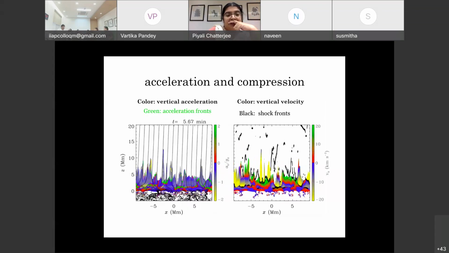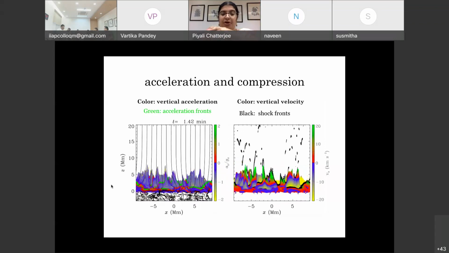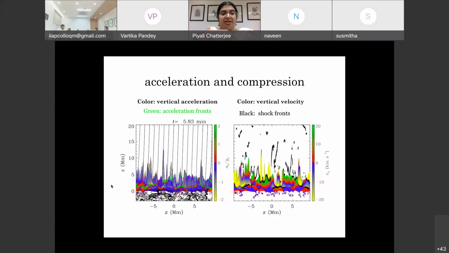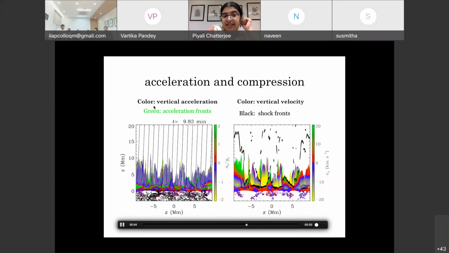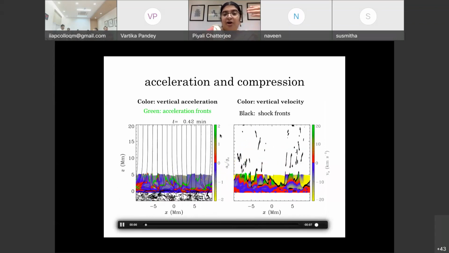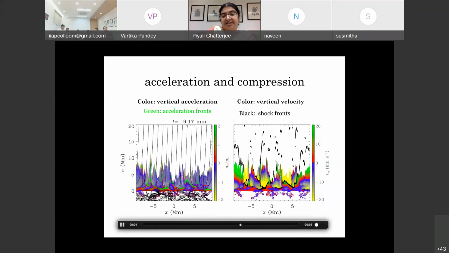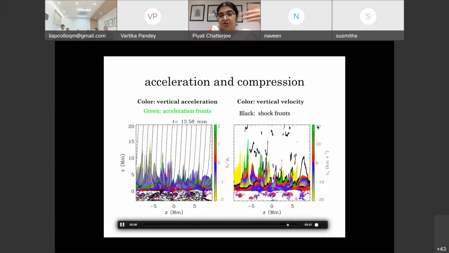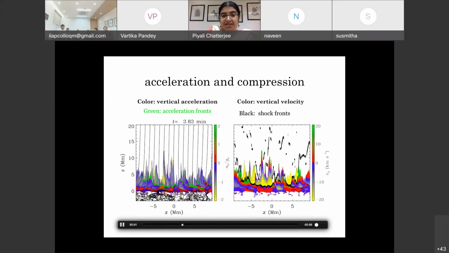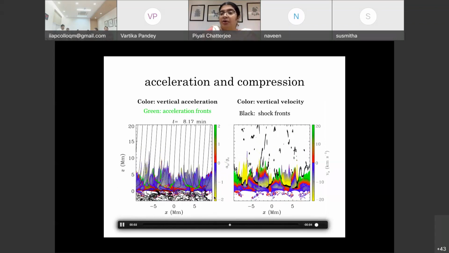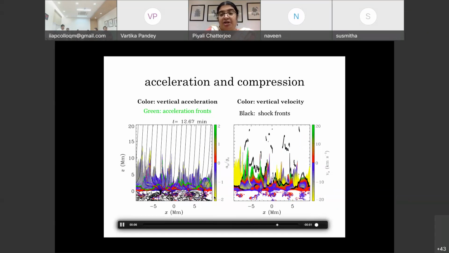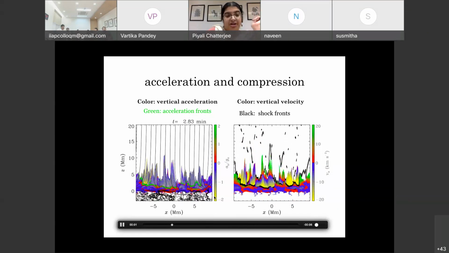And then we further notice that once we have these Lagrangian particles, we can color them with any physical quantity that we can calculate from our model. For example, on the left-hand side, we color them with acceleration. The green color means positive velocity or acceleration, and yellow is negative vertical acceleration or velocity.